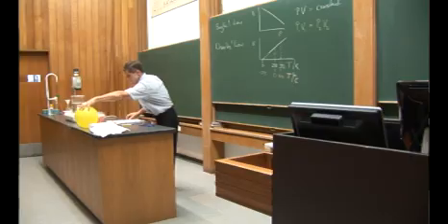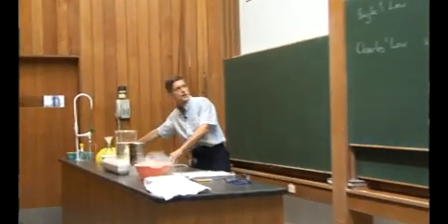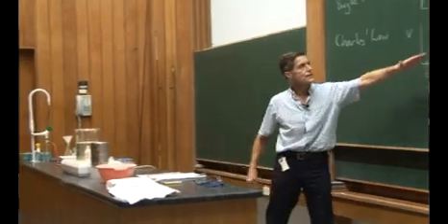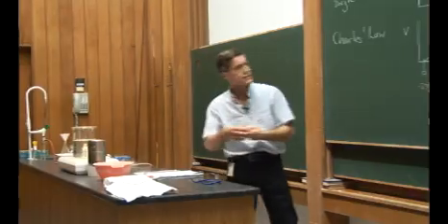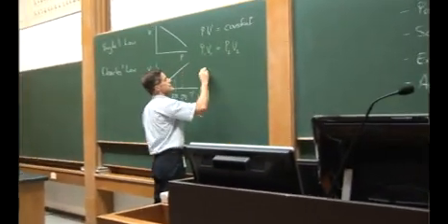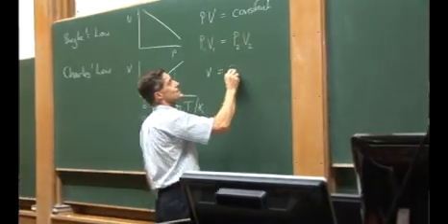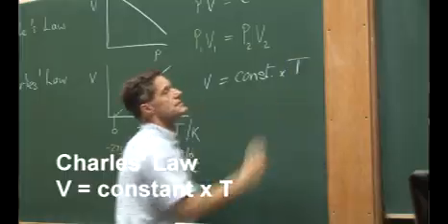So what we find is that volume and temperature are directly related by a constant, and I could write that as volume equals constant times temperature.